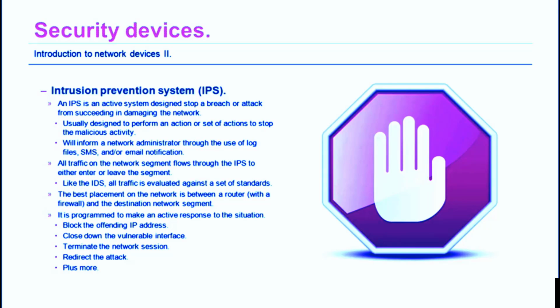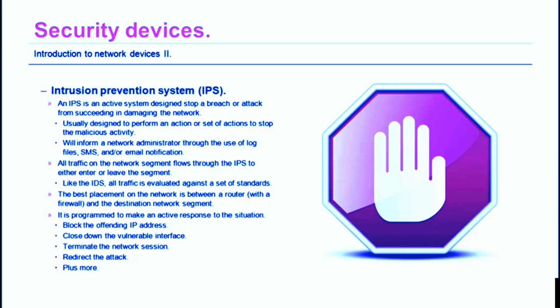The best placement on the network segment is between a router, with a firewall hopefully, and the destination network segment. That way all the traffic flows through the IPS. IPSs are programmed to make an active response to the situation.